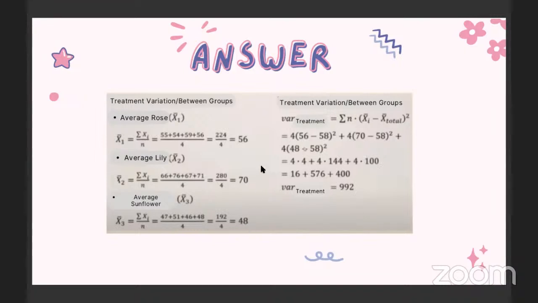Treatment variation, between groups. Variation treatment is 4 times 56 minus 58 squared plus 4 times 70 minus 58 squared plus 4 times 48 minus 58 squared, which is 16 plus 576 plus 400. So the variation treatment is 992.